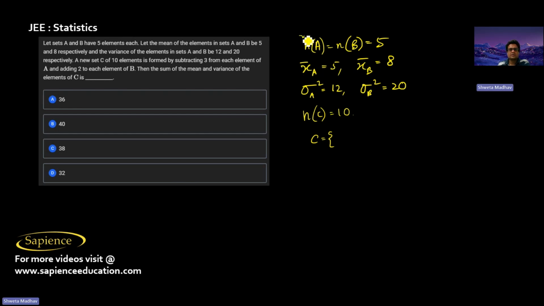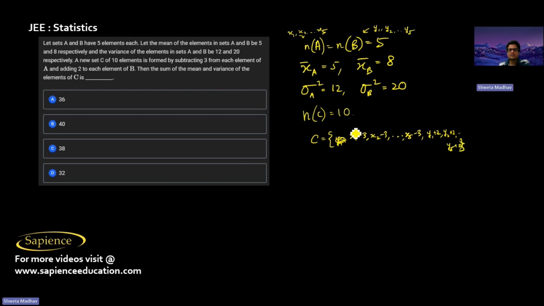Let's say all the elements of A are x1, x2 till x5, and the elements in B are y1, y2 till y5. So the elements in set C are x1 minus 3, x2 minus 3, till x5 minus 3, since 3 is subtracted from each element in A, and adding 2 to each element in B, so it is y1 plus 2, y2 plus 2, till y5 plus 2.